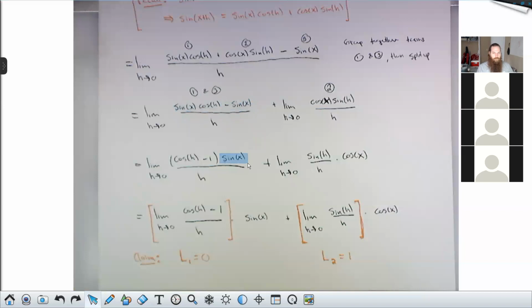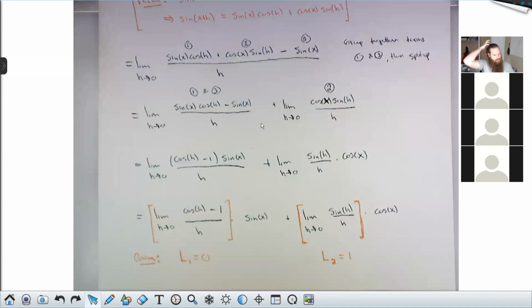If I redistribute this sine across these parentheses, I'll have sine x times cos h minus sine x times 1. Okay, yeah, that makes a lot more sense. Thank you. That's all right. It's a common thing. When you factor something out and there's nothing left, what's left is really a 1, right? It's not a 0. Yeah, I didn't see that. Yeah, I see that now.